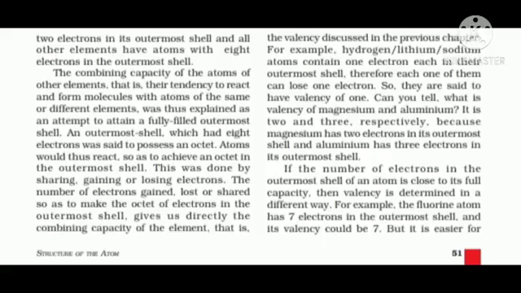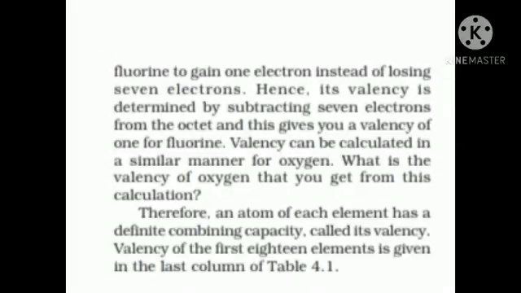If the number of electrons in the outermost shell of an atom is close to its full capacity, then the valency is determined in a different way. For example, fluorine has 7 electrons in the outermost shell and its valency could be 7. But it is easier for fluorine to gain 1 electron instead of losing 7 electrons.